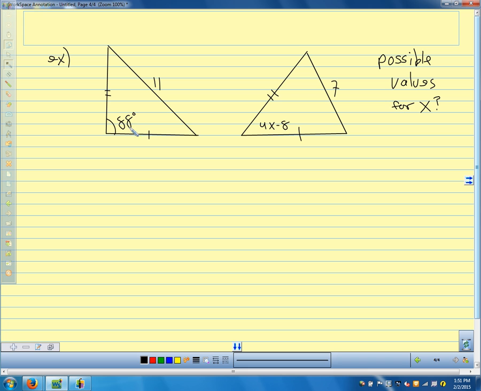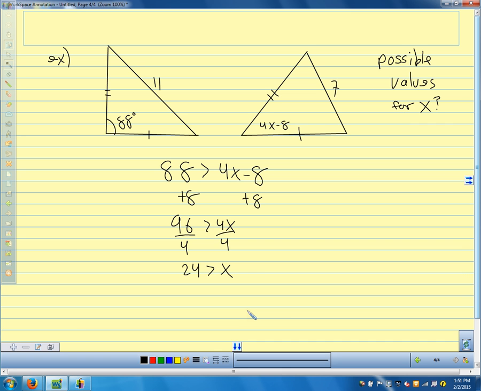So there's one part of our possible value for x. 88 has to be greater than 4x minus 8. Well, we can solve this. I add 8 to both sides, so it gets 96 greater than 4x, divided by 4, and I get 24 is greater than x. So there's one part of my range of values there.